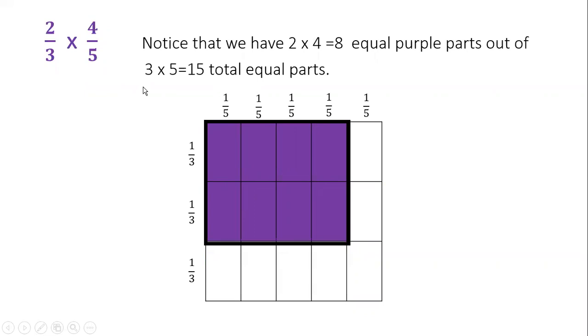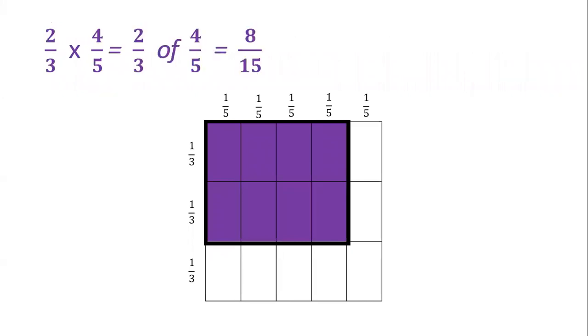Notice that we have 2 times 4, which is equal to 8 equal purple parts out of 3 times 5 or 15 total equal parts. 2/3 times 4/5 is equal to 2/3 of 4/5, which is equal to 8/15.